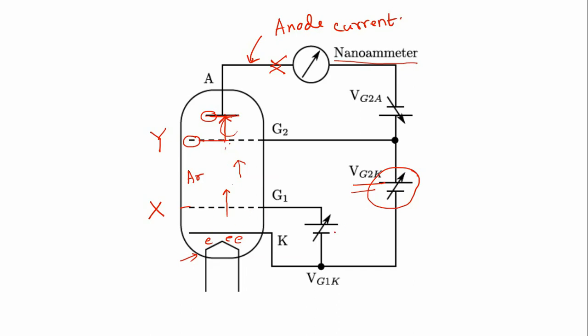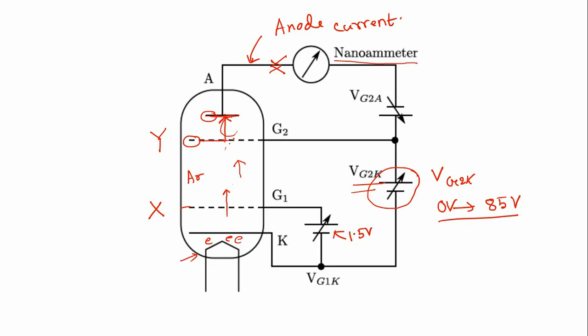In general we set this to 1.5 volt, and the G2K voltage varies from 0 to 85 volt. So this range, 0 volt to 85 volt, is actually the accelerating potential.